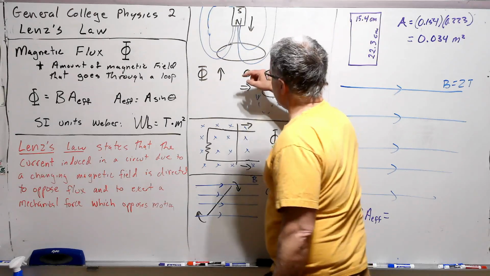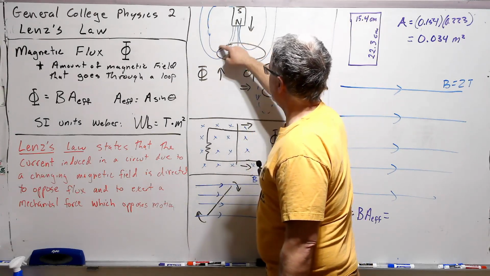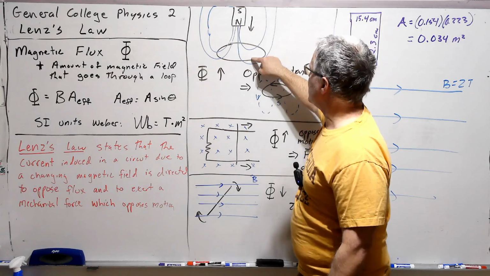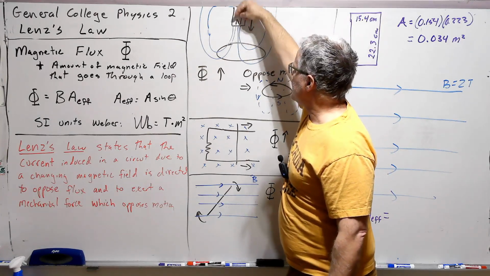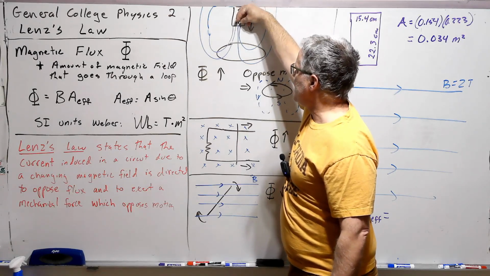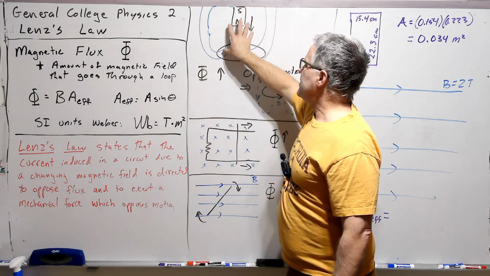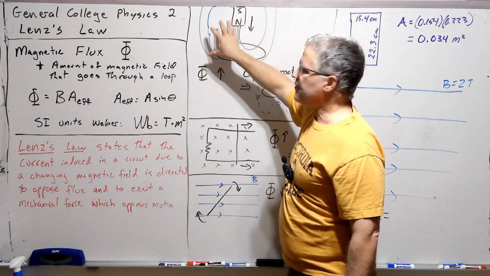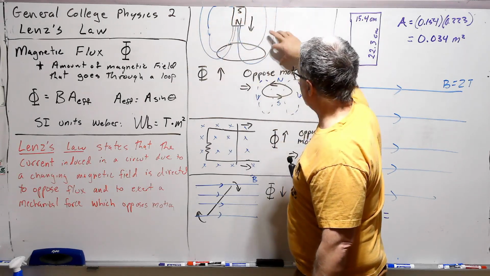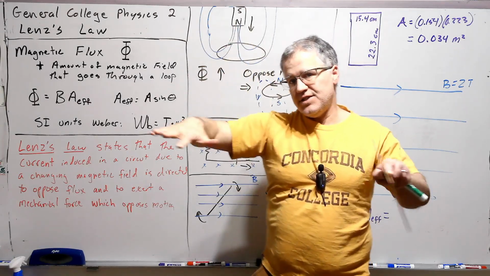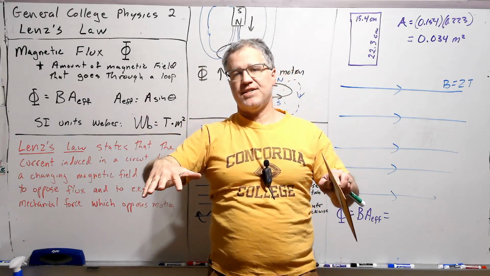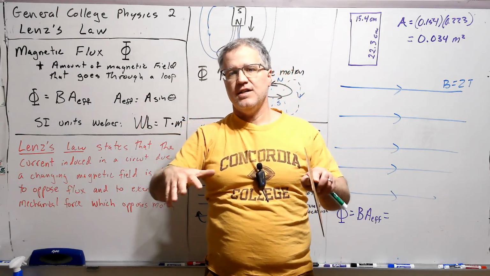So let's imagine this wire loop here, and we're going to take a bar magnet right down the central axis, and we're just going to start to move it down this way. Now we know the field lines for a bar magnet come out and turn around. So far from the end of the north, our field lines are more spread out, meaning we have less flux or less field there.